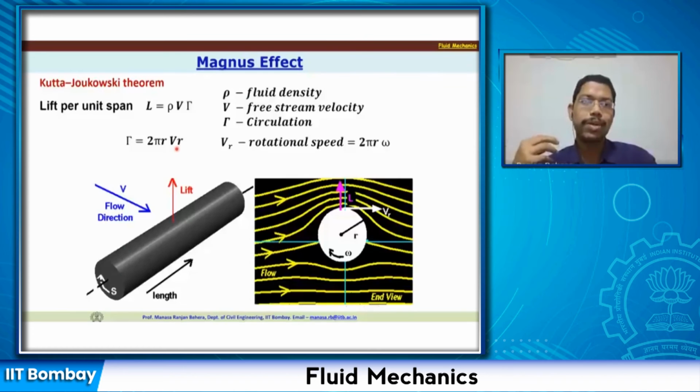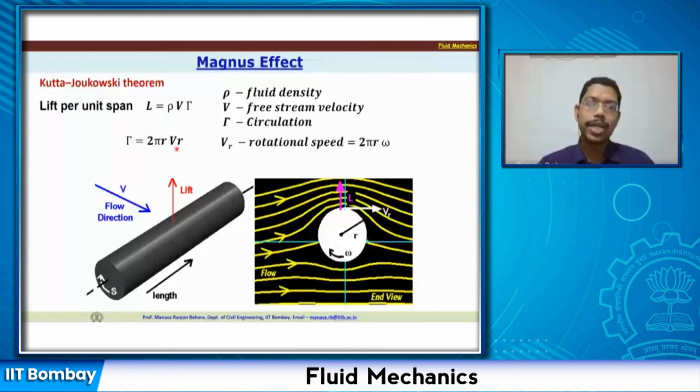And once we find out the circulation for a given flow direction and flow speed, we can also find out the lift force, given the fluid property, that is the density of the fluid. All right, so this is about the Magnus effect and Kutta-Joukowsky's theorem, which gives us the expression to calculate the lift force per unit span.